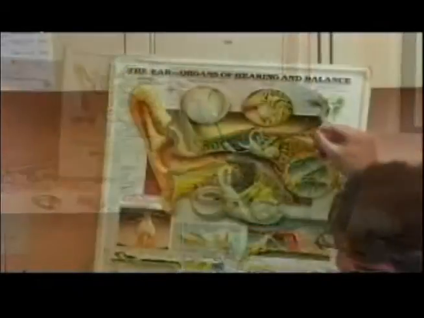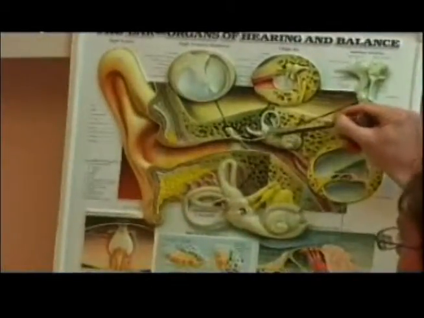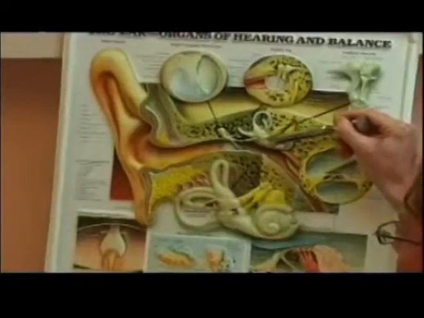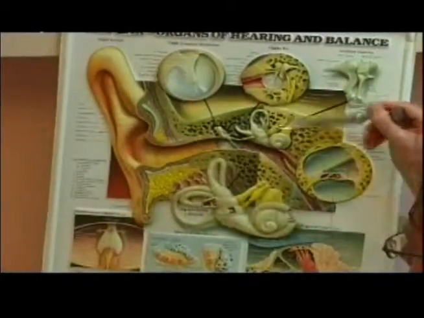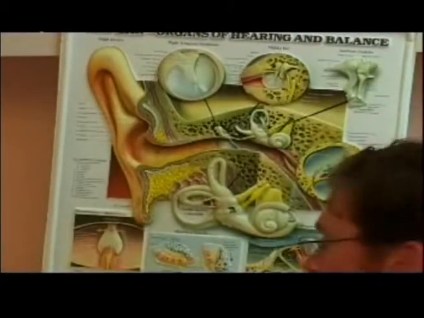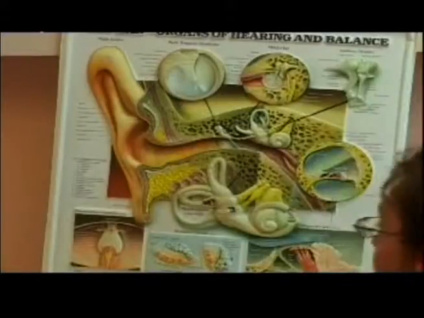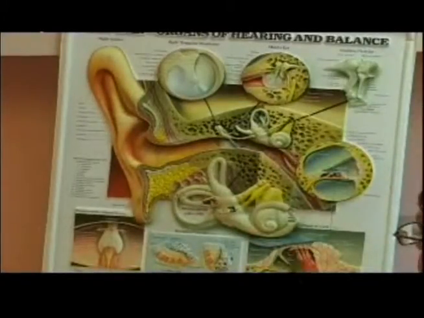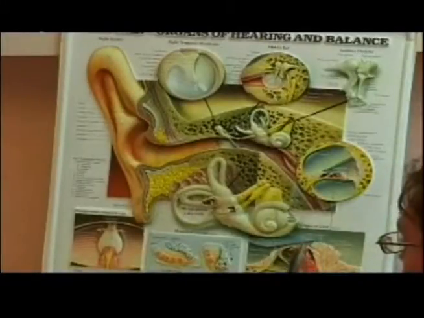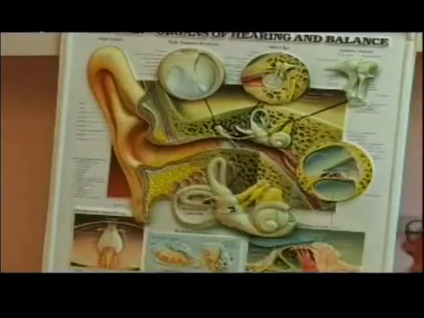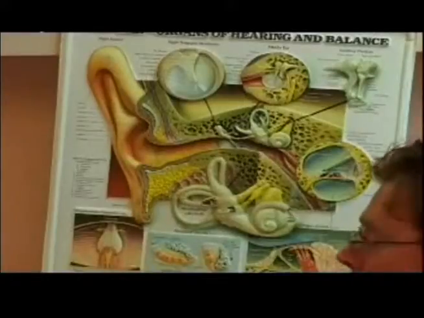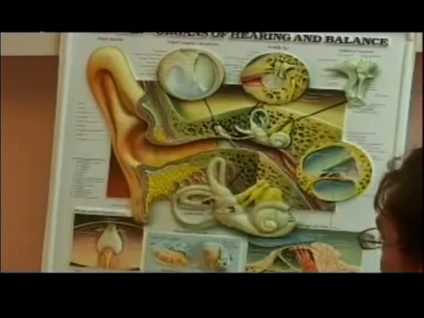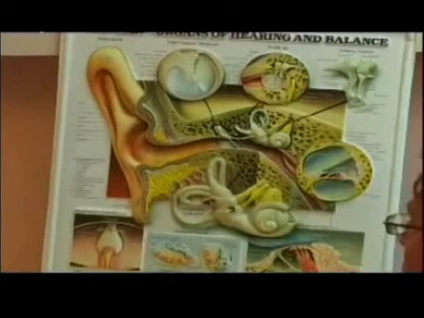Then, as you mentioned, the sensorineural hearing loss, where there's a problem with the cochlea or the nerve or at the brain level. And as we age, unfortunately, these fine hair cells in the cochlea are very sensitive to aging, and these decrease in number.